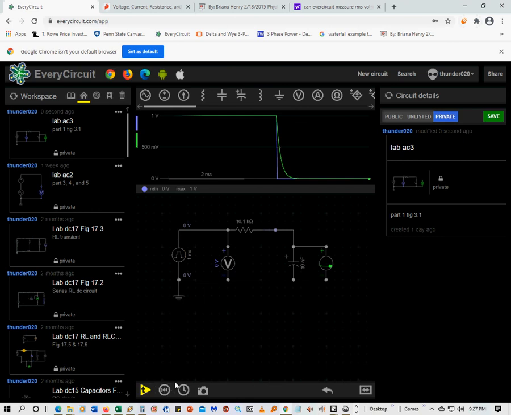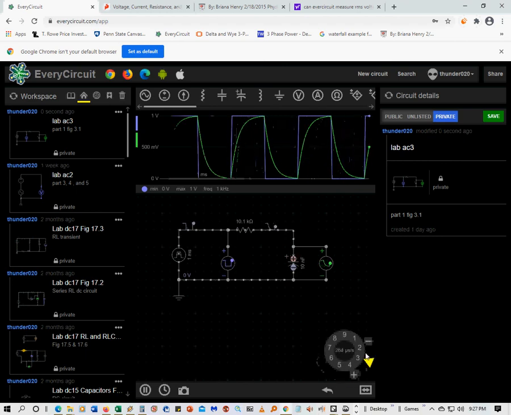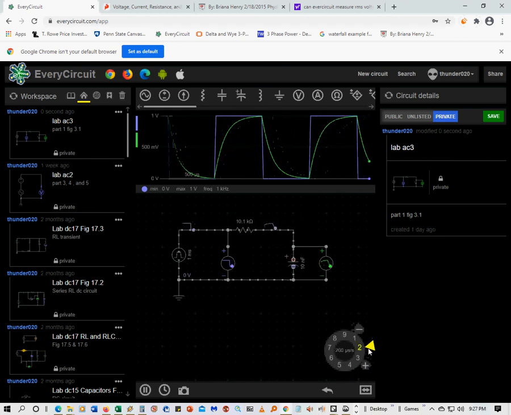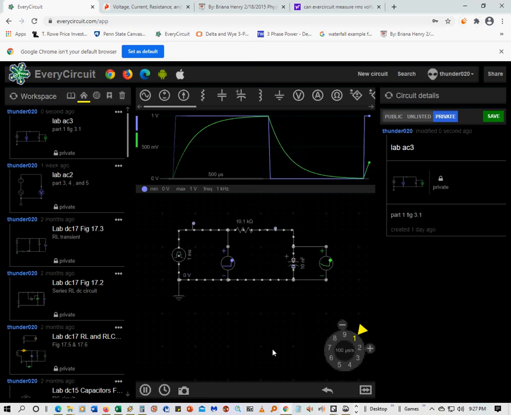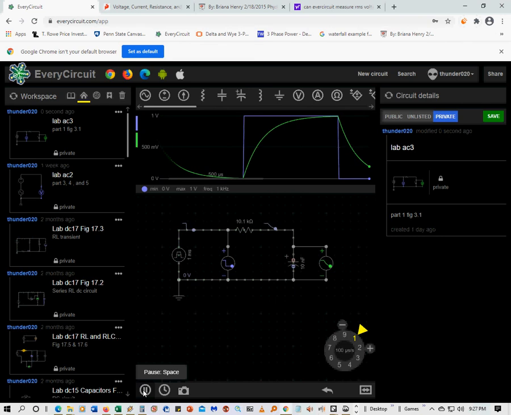So now I'm going to reset this circuit and play it. It looks a little tight there, so I'm going to change this time to, let's say, 200 or maybe 100. So you can see a nice square wave there, and then you see how the capacitor charges up.